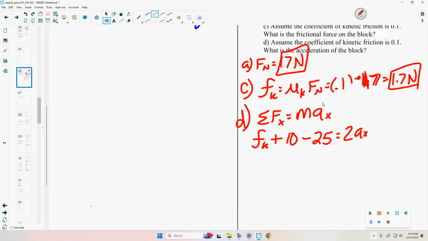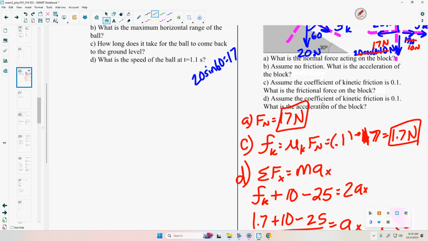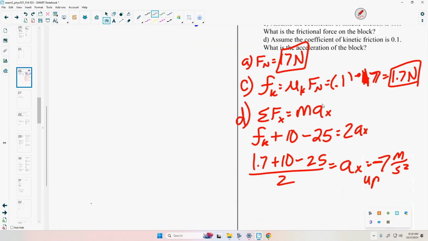So that's 1.7 plus 10 minus 25 divided by 2 equals ax. I get negative 7 meters per second squared. So it actually accelerates in the negative direction, but the negative direction in this case is up the inclined plane. So I'm going to qualify that as up the plane.